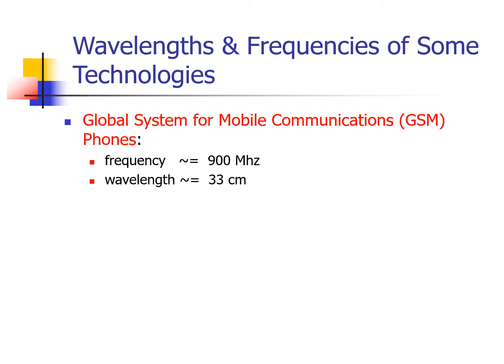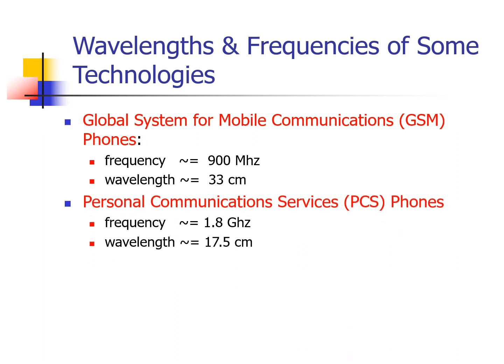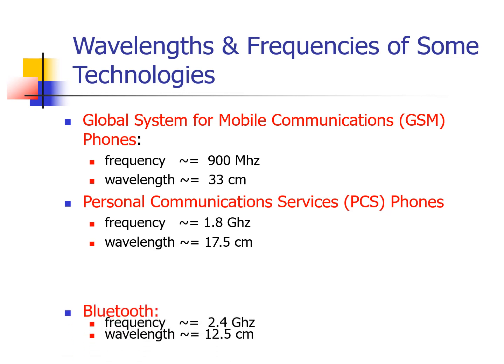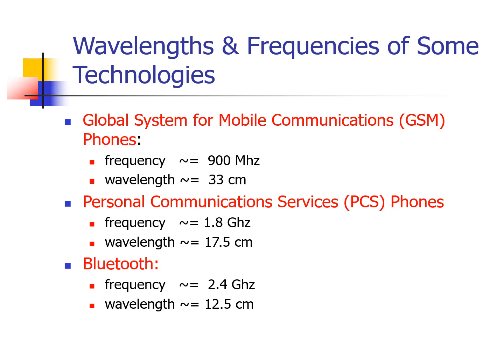Global System for Mobile Communications or GSM phones use a frequency of 900 MHz and a wavelength of 33 cm. Personal Communication Services or PCS phones use 1.8 GHz and 17.5 cm, while Bluetooth technology utilizes 2.4 GHz and 12.5 cm.